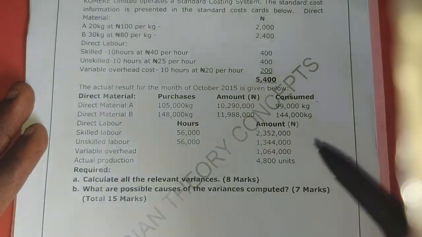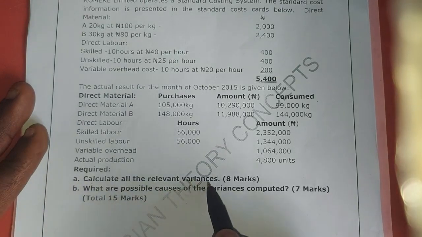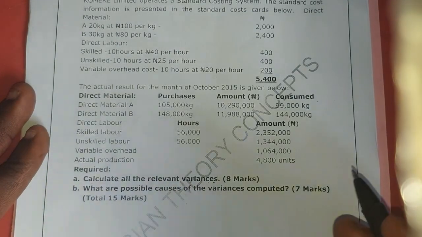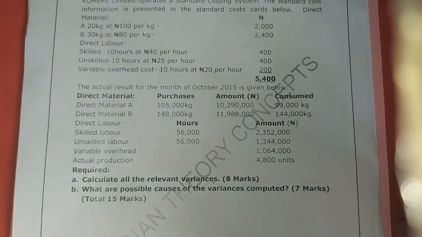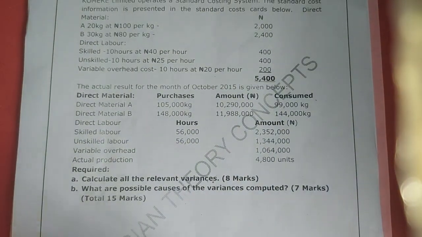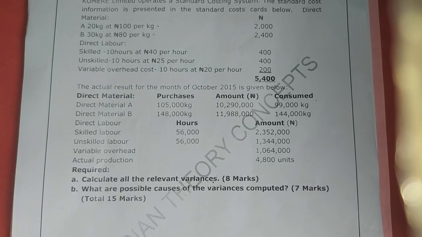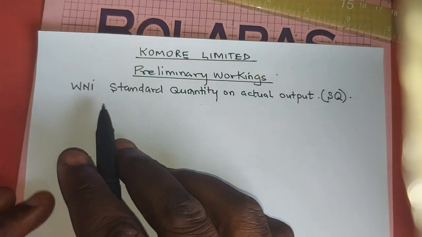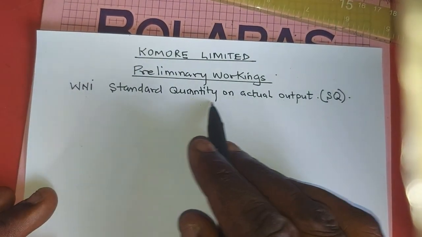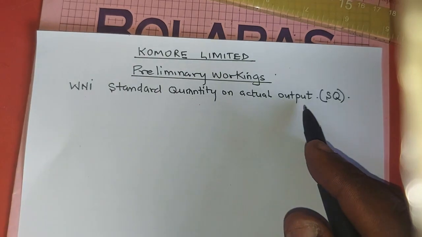Now, if you are to calculate the relevant variances, you have about 2 or 3 working notes. So to start with, you start with your working notes. Working note 1 will be standard quantity on actual output.